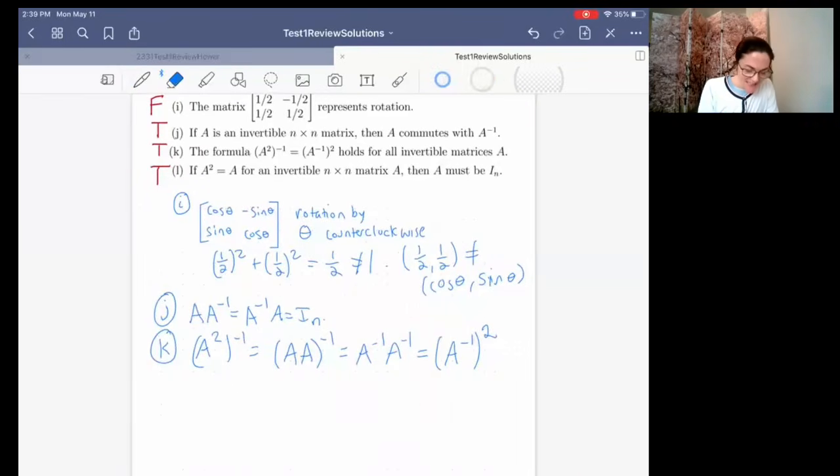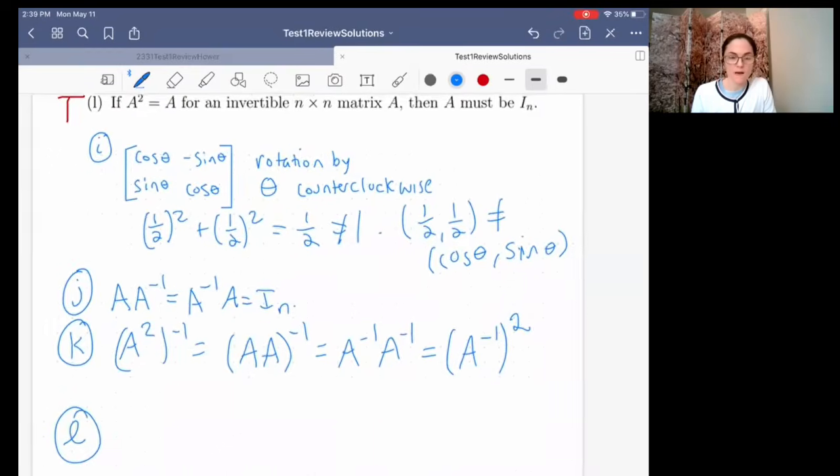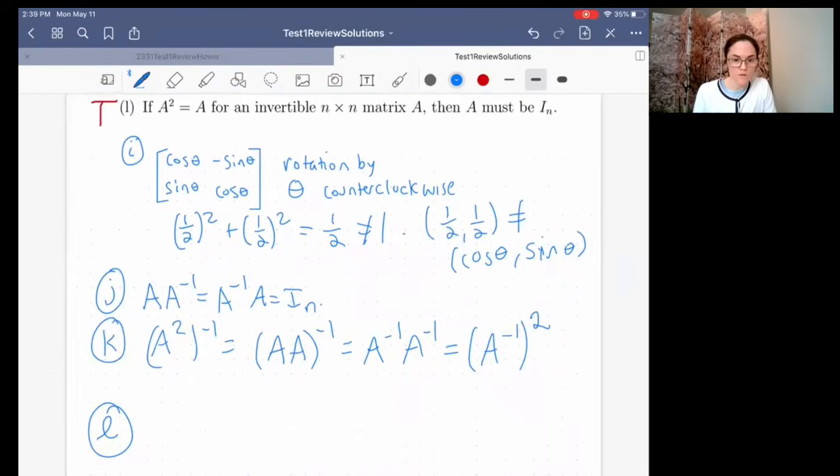This one's interesting. L is also true. Okay, so A is invertible. This is an important part because if A is not invertible, this last line would be false. A is invertible, and we know A squared is A. Why does it follow that A must be the identity?